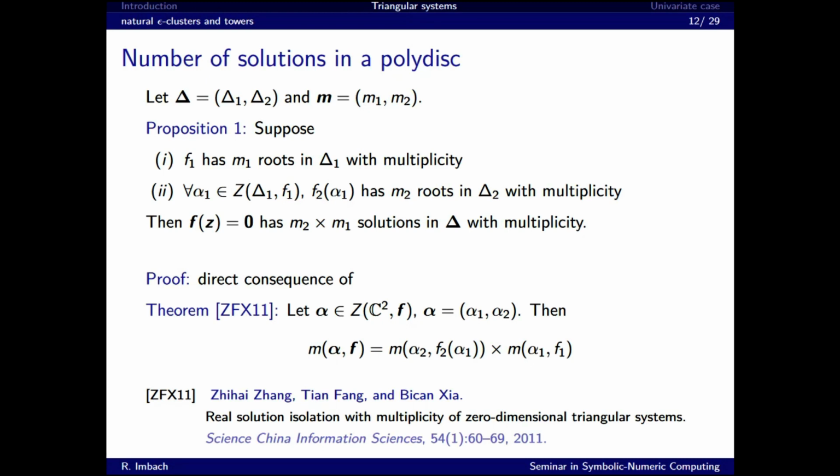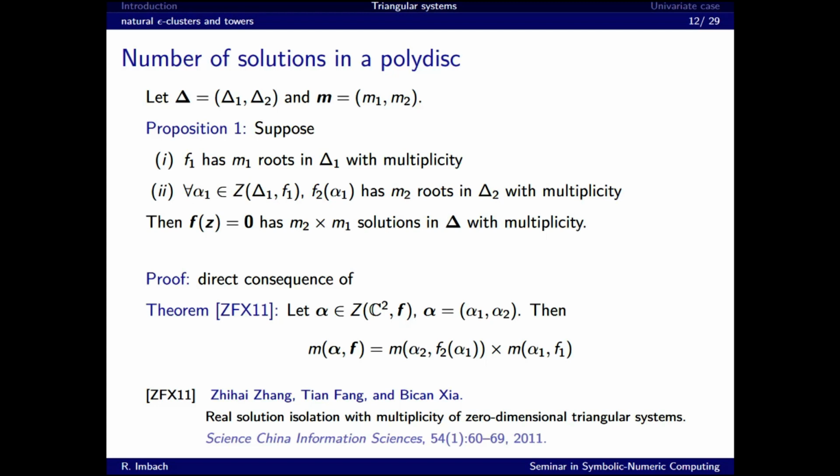But for triangular systems, we don't compute the multiplicity of each root, we compute the total multiplicity in the disk. So if you have a single root with multiplicity, yes, you will get that as well. But if you have 5 roots, you sum up all the multiplicities, and that's what you get.